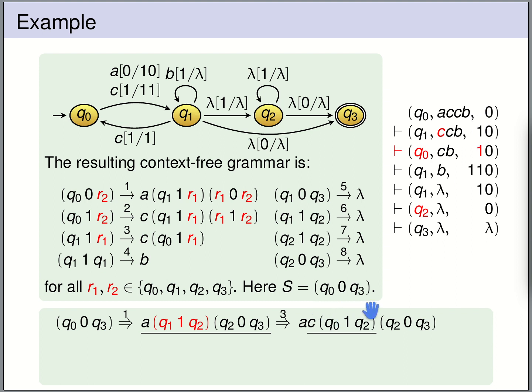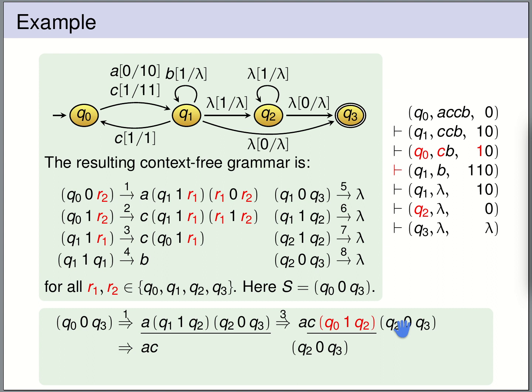So we have only one variable. So instead of going from Q1 to Q2, we now go from Q0 to Q2 with stack symbol 1. And this corresponds to an instance of rule scheme 3. If we fill in Q2 for R1, then we get this rewrite step.